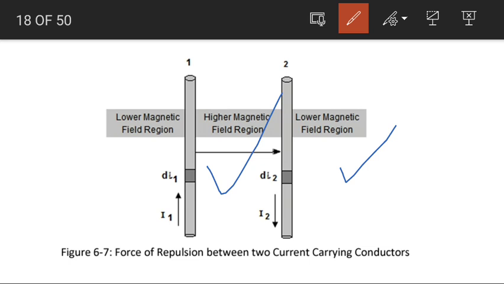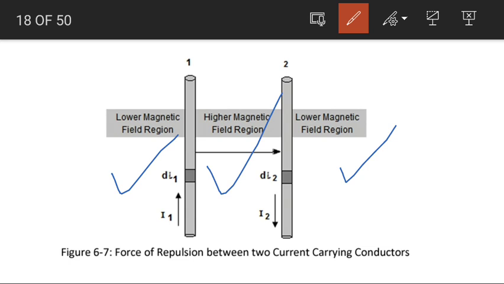We know that these two conductors will tend to move from a region of higher magnetic field towards a region of lower magnetic field. Definitely there will be a force of repulsion between these two conductors. So if the currents are in the same direction, there will be a force of attraction, and if the currents are in the opposite direction, there will be a force of repulsion.